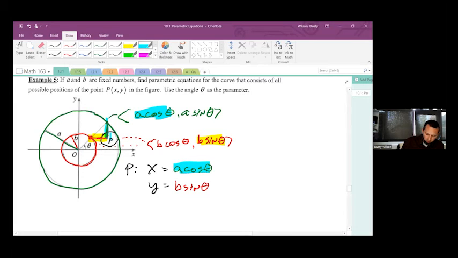So again, here's our color scheme. And we know this would be true when 0 is less than or equal to theta is less than or equal to 2 pi. Okay, so we have an expression for x and for y, and now we need to put these things together.